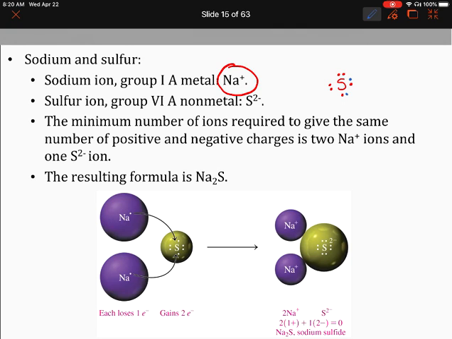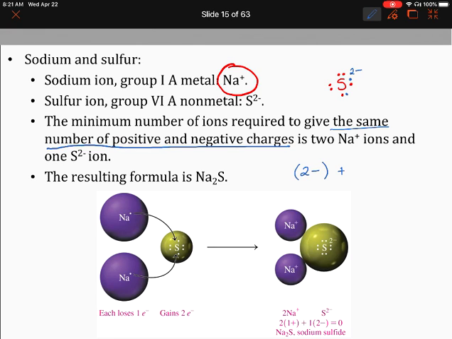Now when it gains those 2 electrons, we've changed the ratio of protons and electrons. So now we have a 2 minus charge because we have 2 extra electrons there. Now, if we want to create a compound between sodium and this sulfur ion, we need to make sure we have the same number of positive and negative charges. So in order to balance the charges, we have a 2 minus charge.